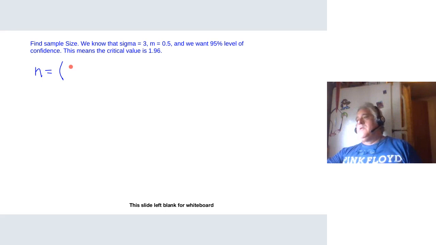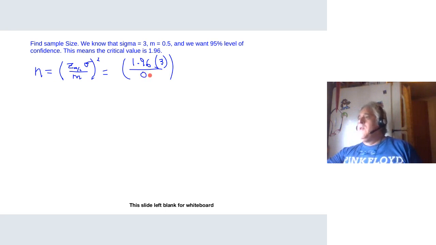So this is the formula, all squared. In our case, it's 1.96 times 3, and then we got 0.5 down here, and then this is all squared.